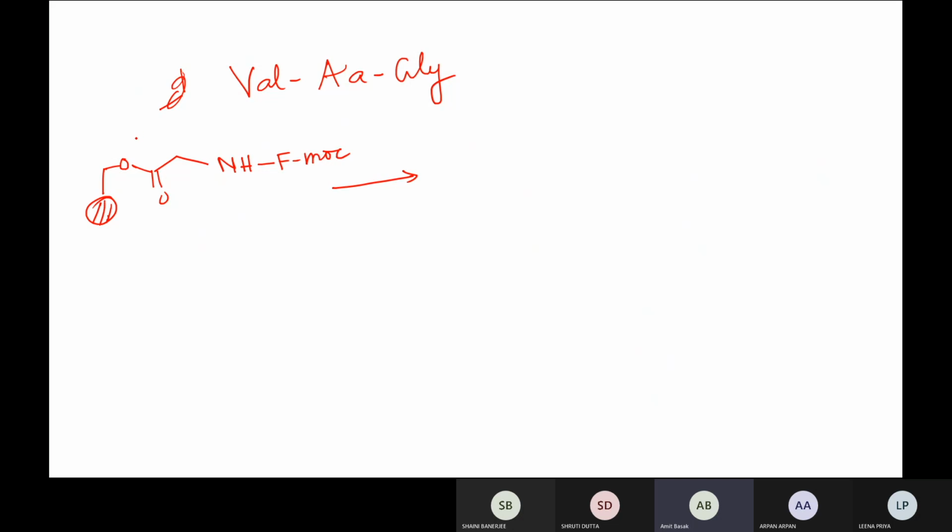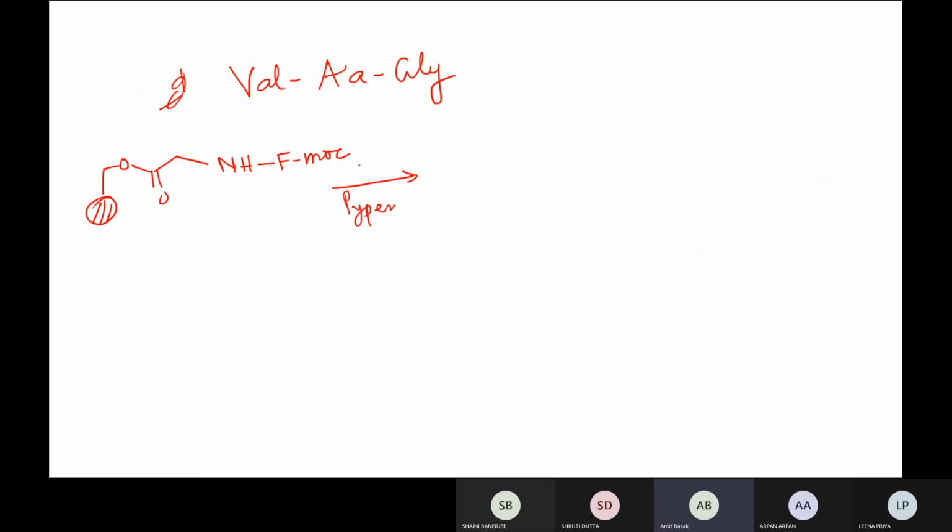This bond is to be cleaved from the resin, and that is cleaved by acid. So better use a protecting group which comes off with base, which is just the opposite of the acid. So use FMOC.